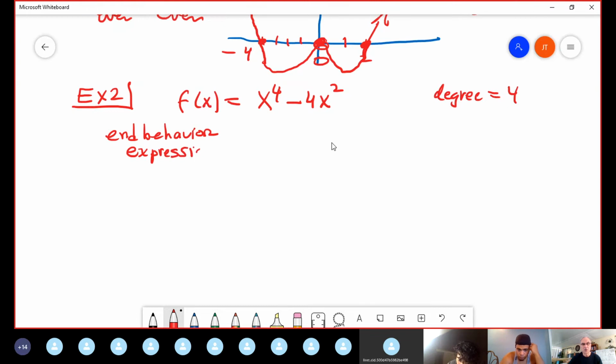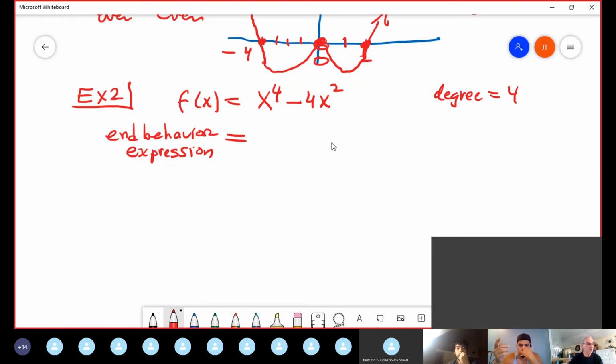What is the end behavior expression of this polynomial? Nobody? x to the 6, or to the 4? No, x to the 4.